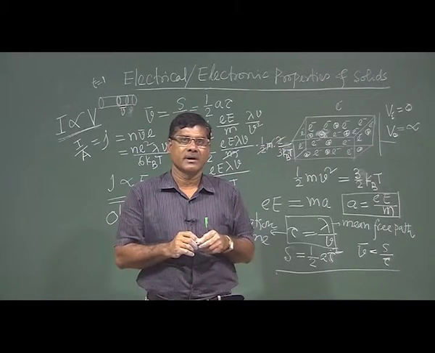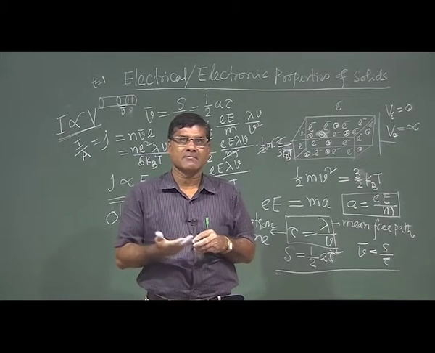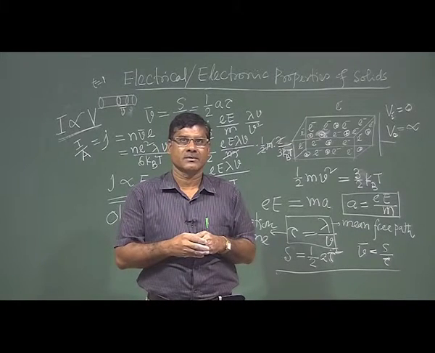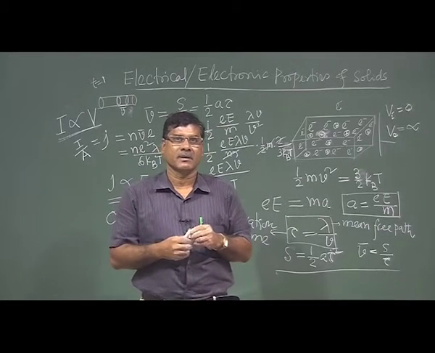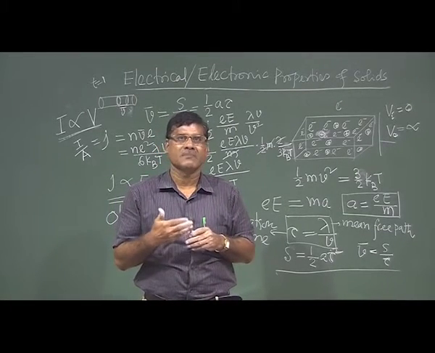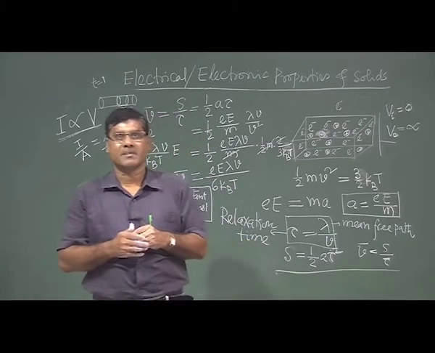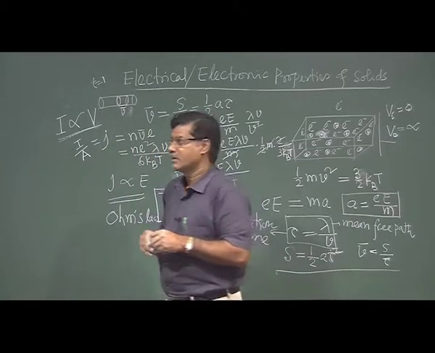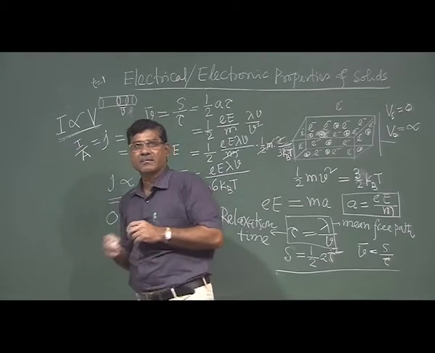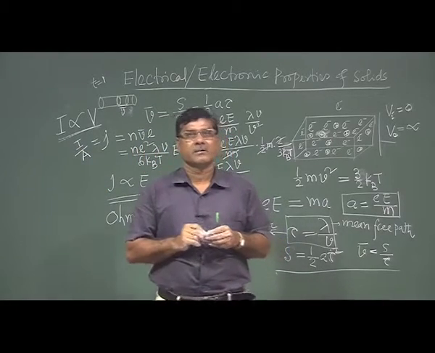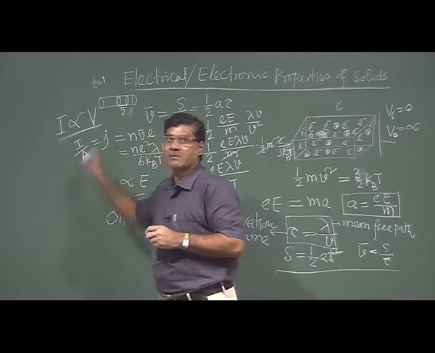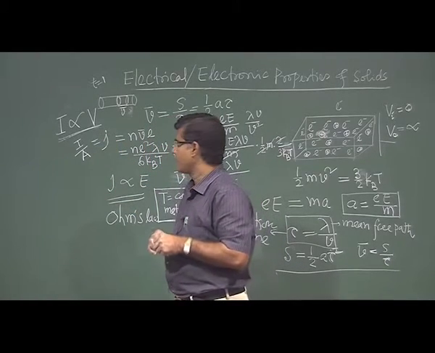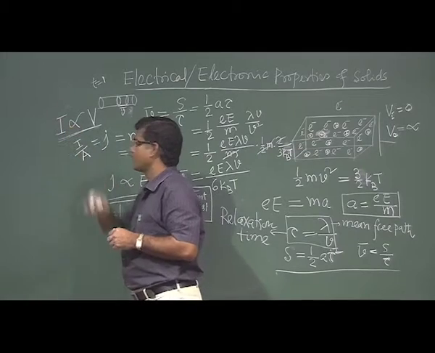If I talk in terms of current, it will depend on the geometry of the metal, but if I talk in terms of current density, it will be independent of the geometry of the metal. That is why it is a more general parameter than the current. Okay.